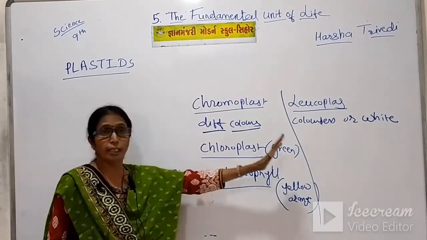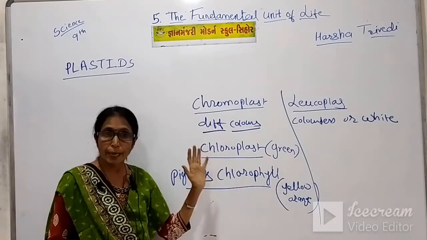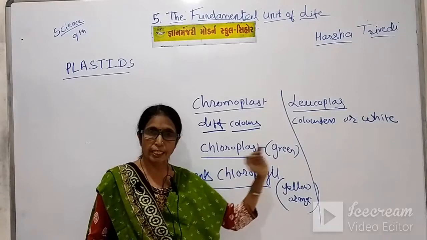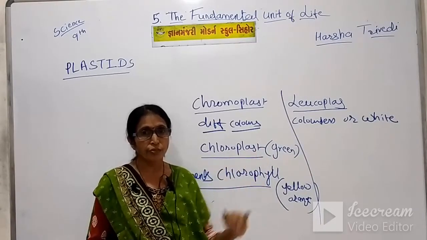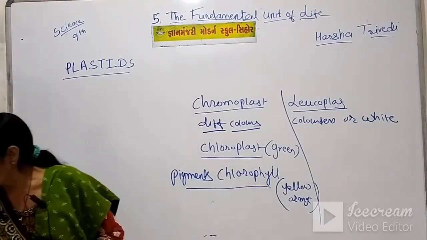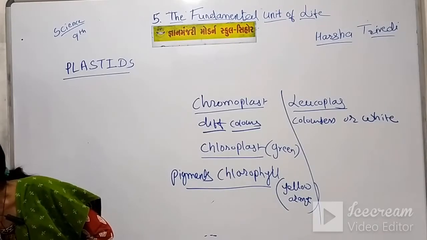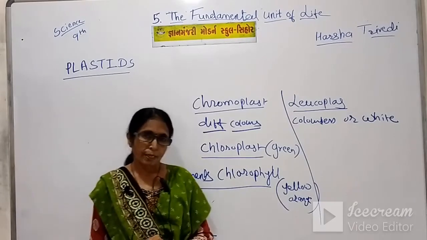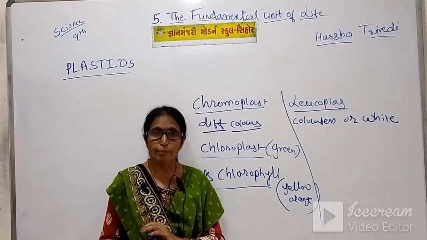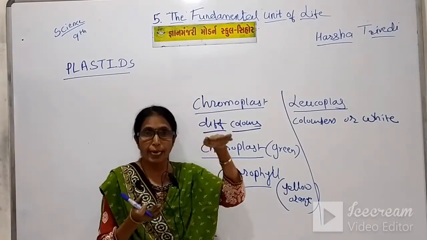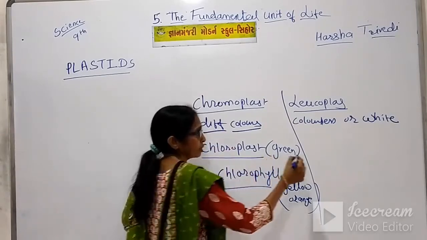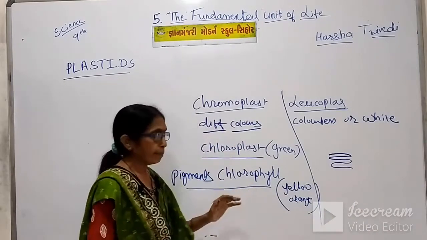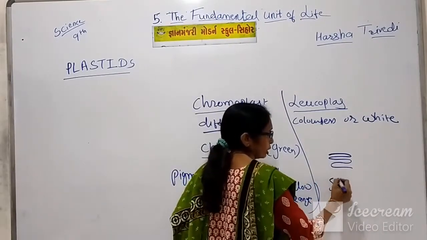So these are the two subtypes of plastids. This is about the structure and function of the plastids. Now, what are plastids made up of? Plastids are mainly made up of membrane layers. There are many layers of membrane embedded in a material called stroma.